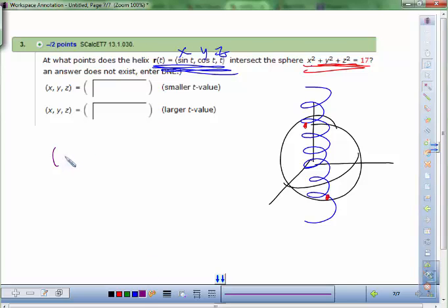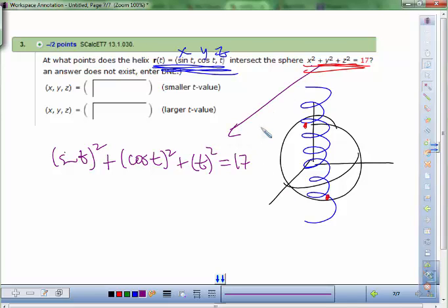We got x is equal to sine t, and that's going to be squared. y is equal to cosine t, squared. And z is equal to t, squared, is equal to 17. So we basically took our equation with the x, y, and z and put in the appropriate x, y, and z values that we have.